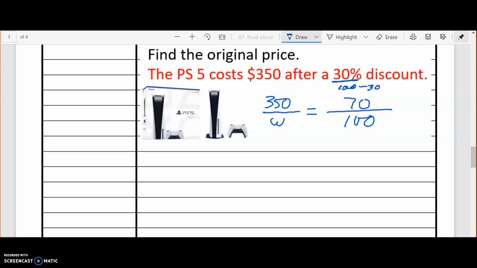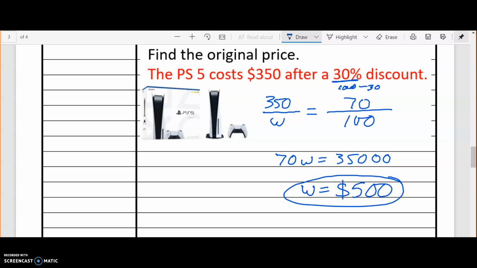So now we can find the original price. We get 70W equals 35000. That's doing our cross products. So I take that divided by 70. Wow. The PS5 before the sale was $500. So pretty expensive. That must be why I don't have a PS5.